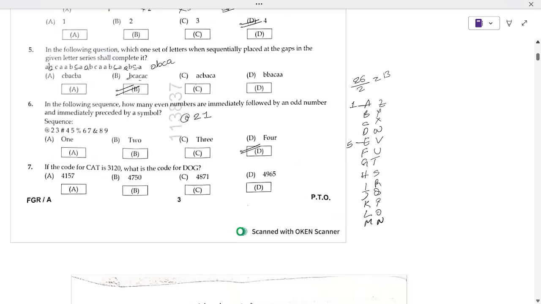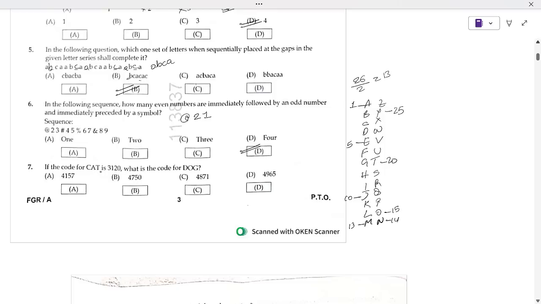This will be 10, this will be 13, 14, 15, this will be 20, and this will be 25, and then Z is 26.